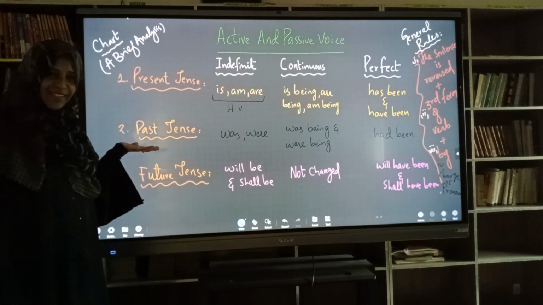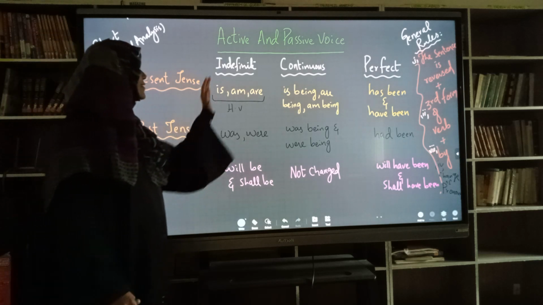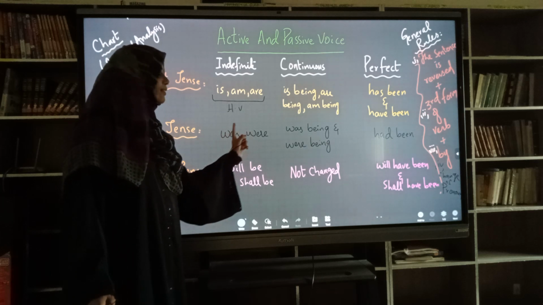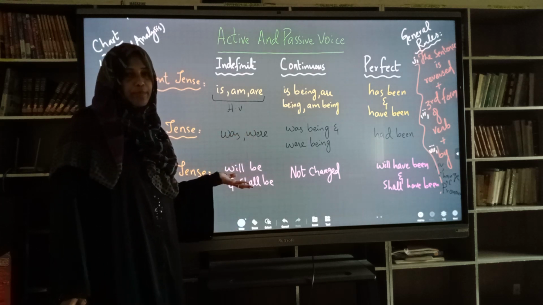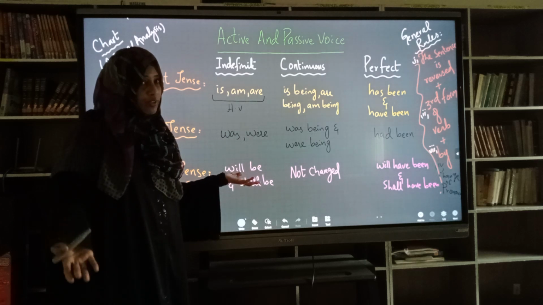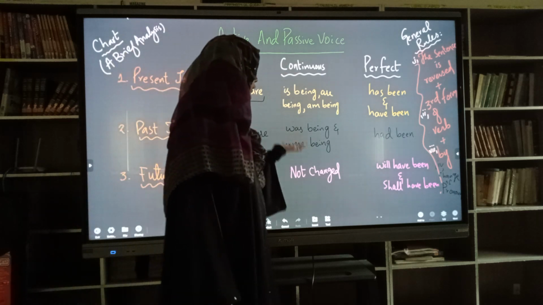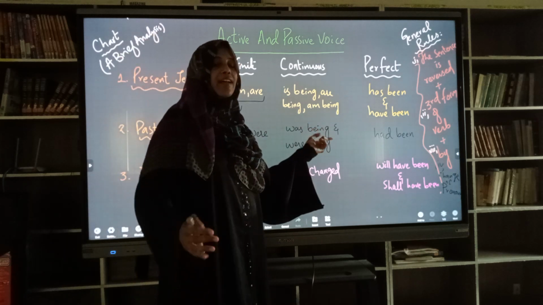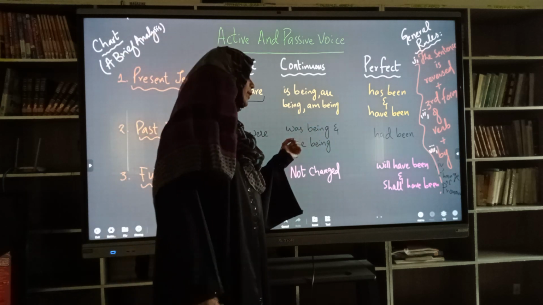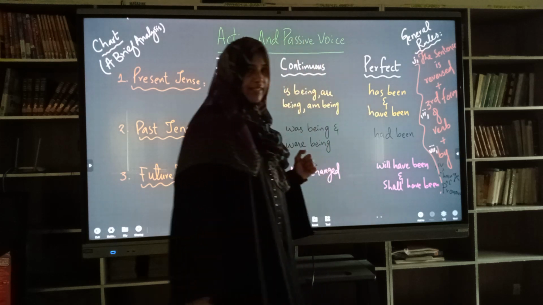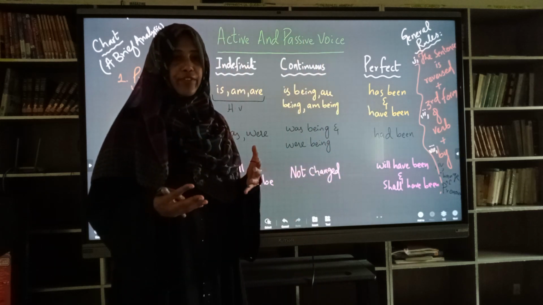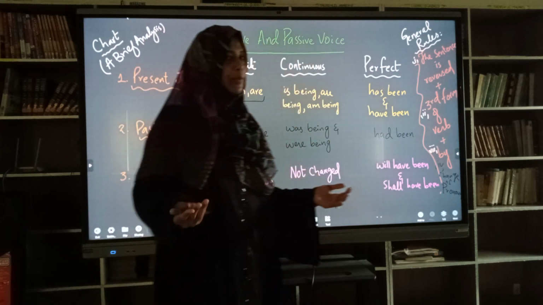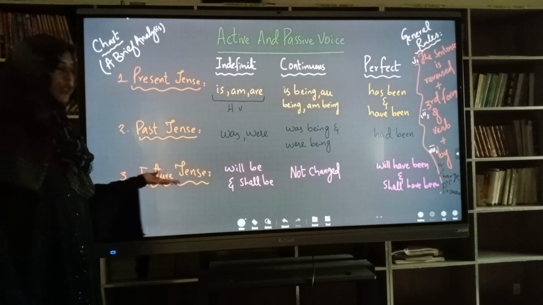Now comes the past tense. In the past tense, indefinite tense will contain was and were as a helping verb, and third form of verb is a compulsion. Then continuous tense, that is the past continuous tense, was being and were being will be used. Last is perfect tense. So in the form of perfect, as a passive voice, had been will be used. Now comes future tense.